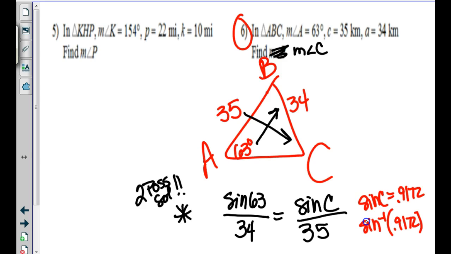Someone tell me if they're not getting the same number. Okay, I got 66.5. How do you find the other possibility? Do 180 minus that angle, right? So 180 minus 66.5 is 113.5.